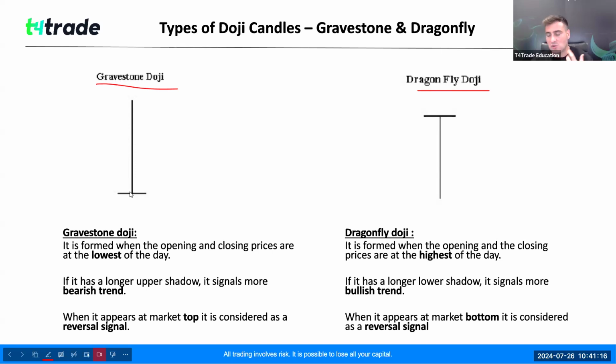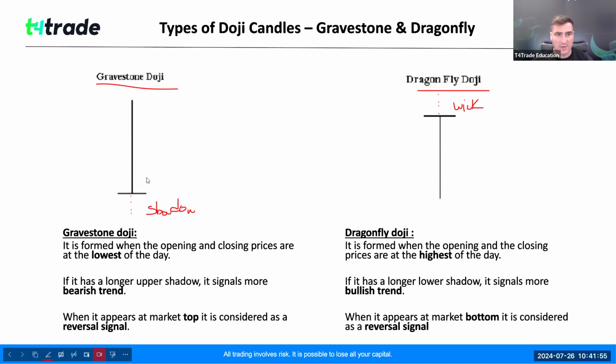And on the flip side, dragonfly dojis do not have wicks, the upper part, but they do have shadows, okay? So what is missing here is, in order for this to be a neutral doji, a shadow here and a wick up there. Okay, this is for us to make much clearer what we mean here.